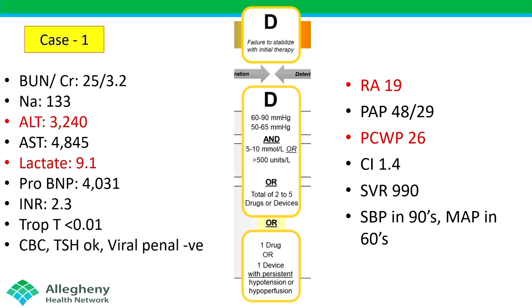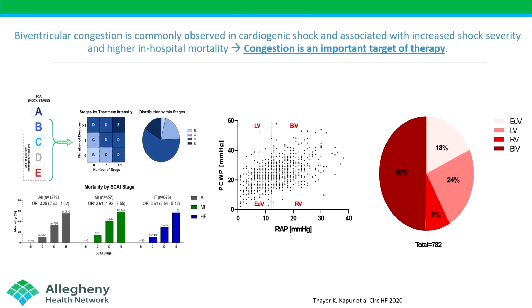And this confirmed significantly elevated biventricular filling pressures, a CVP of nearly 20, PCWP that's elevated, cardiac index that's low, sort of confirming that even though this patient did not look as critically ill, this is kind of an impending doom scenario. So at this point, we reminded ourselves that, even though this patient is coming in with primary LV shock, LV failure, what we often underestimate is the role of BiV congestion in these patients, RV dysfunction.